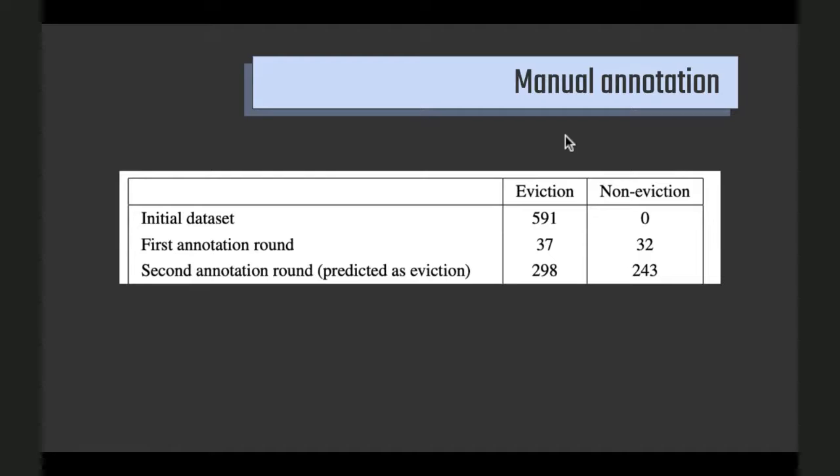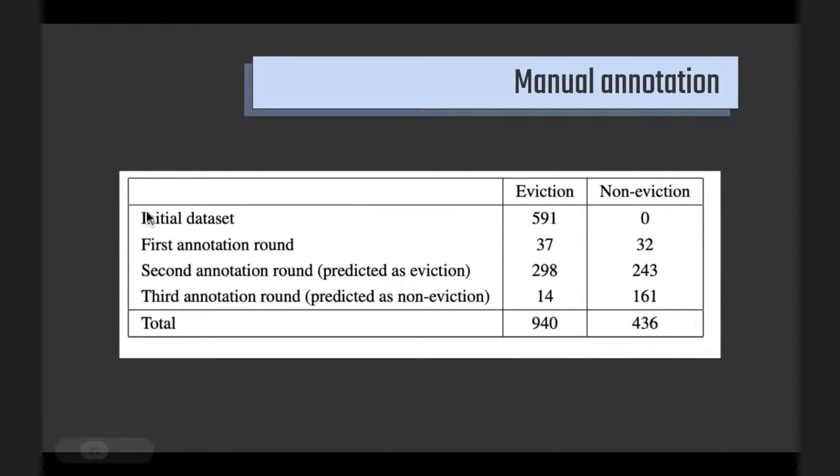And at this point, maybe a bit naively, we still thought that the majority would be non-eviction, even though we built a system that should sort it out, just because it really felt like there shouldn't be so many available.